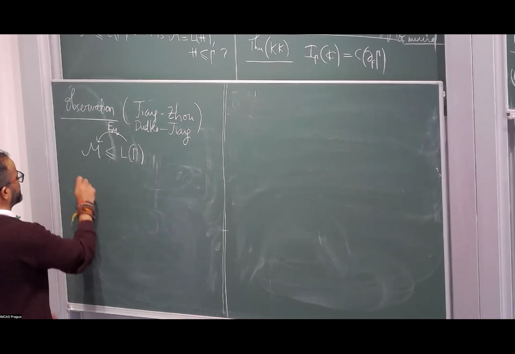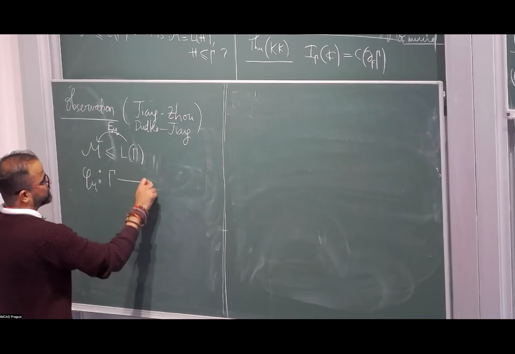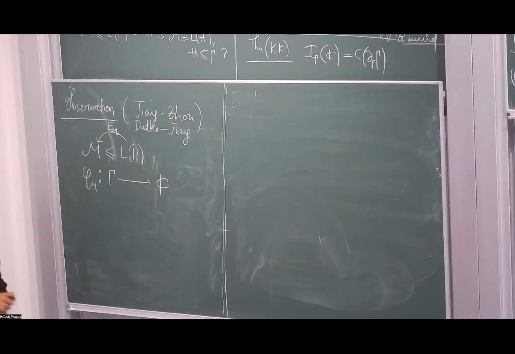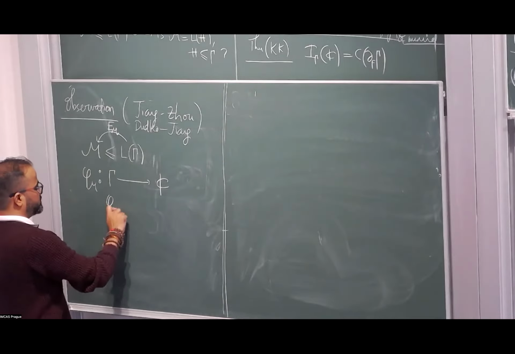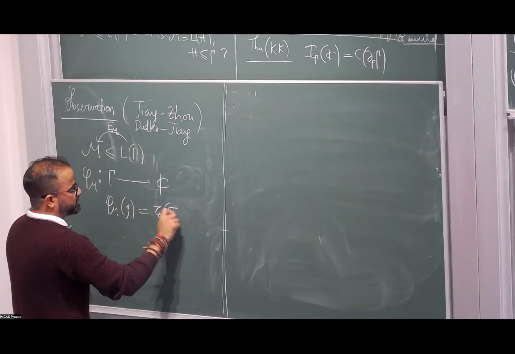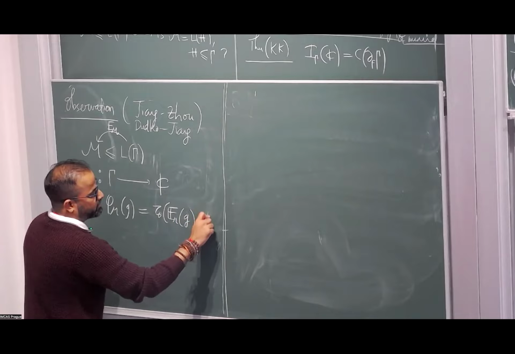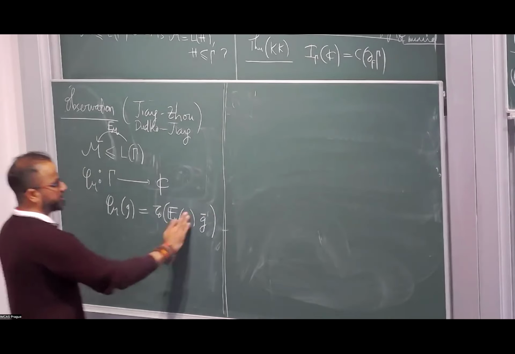So using this, you can associate a map on the group. And this is defined using the trace and the conditional expectation. I should say lambda z here.